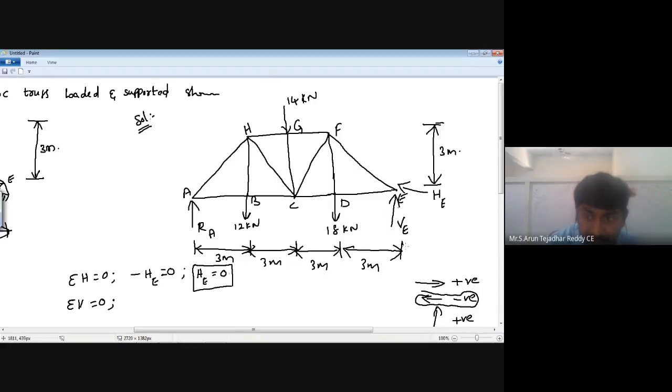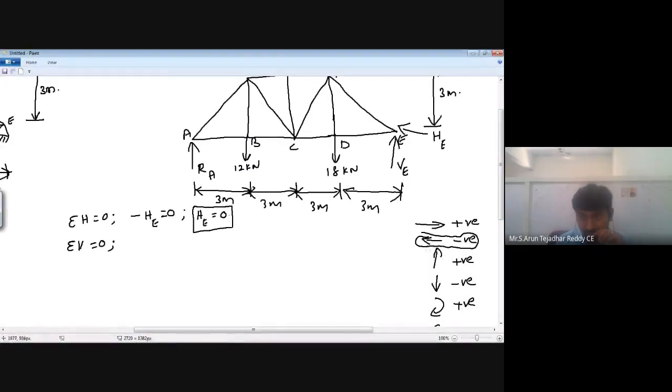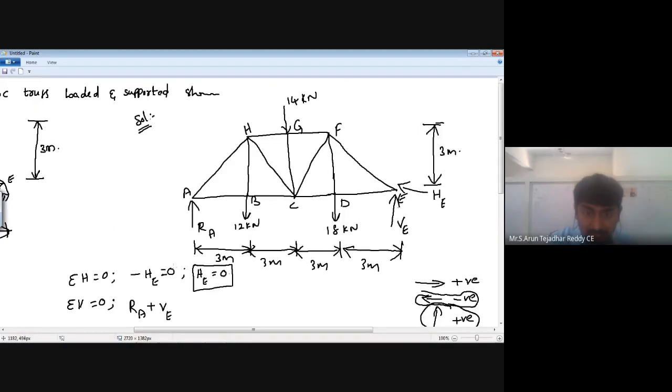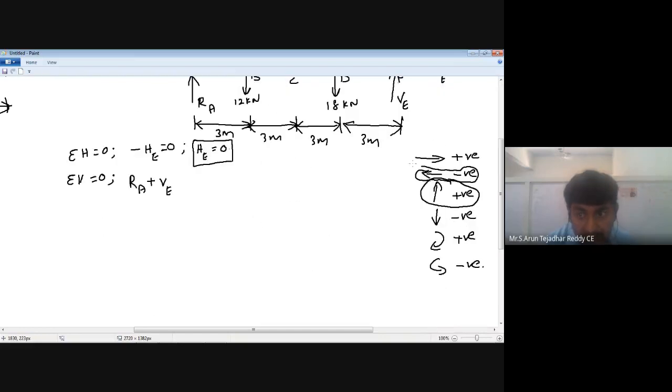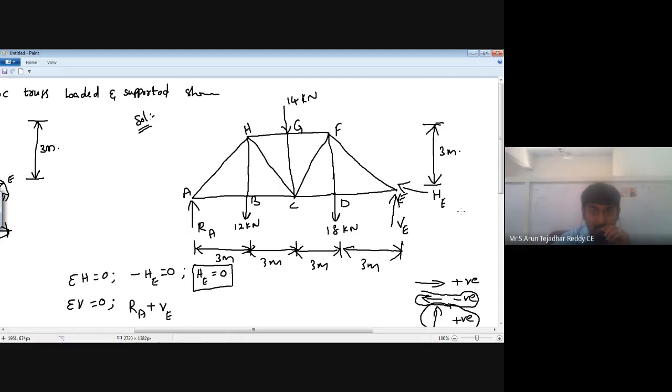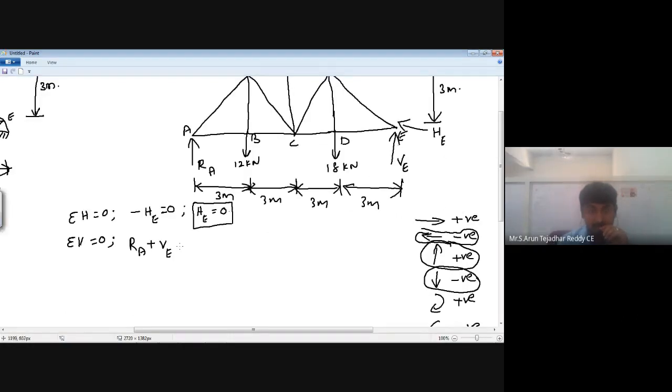RA is upward, VE is upward, so those two take positive: RA plus VE. The 12, 18, and 14 kilonewton loads are downward, so take negative: minus 12, minus 18, minus 14 is equal to 0.